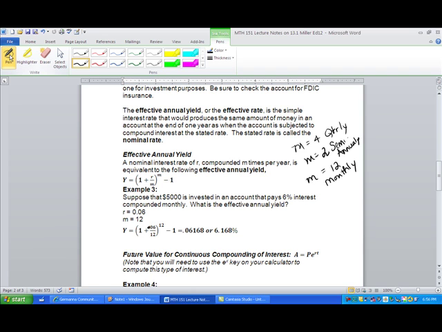So I'm getting 0.061677, so 168 would be correct. So that one is correct.